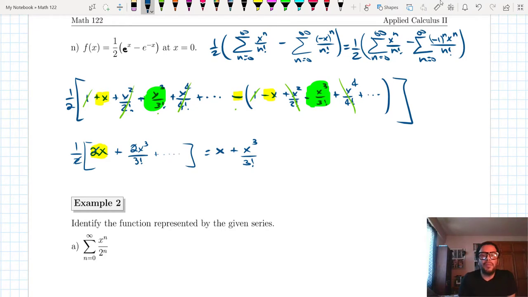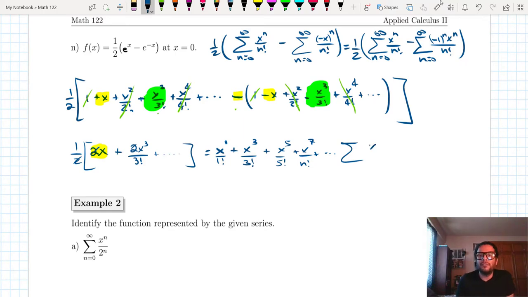If we continue this pattern, we would have plus x to the 5th over 5 factorial, because notice the odd powers and the odd factorials. The invisible one is the same as 1 factorial, and then x to the 7th over 7 factorial, and so on and so forth. So in this case, we have sigma, with no alternating factor because all of them are positive.